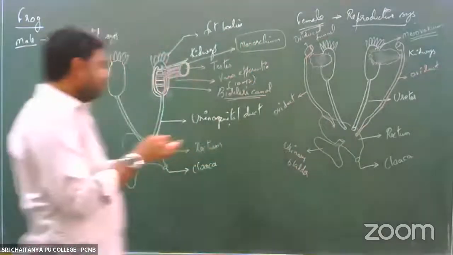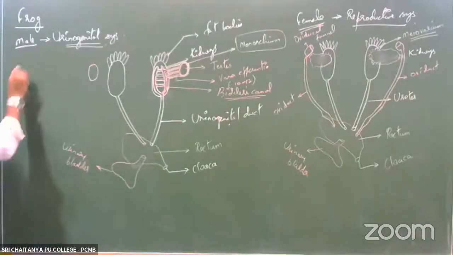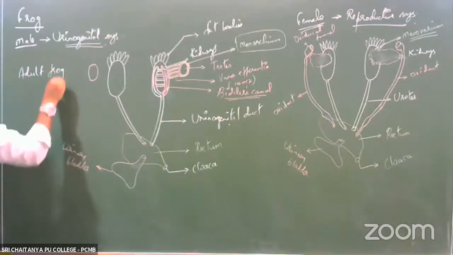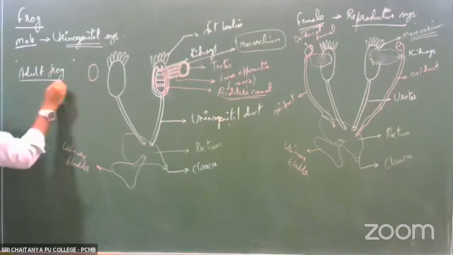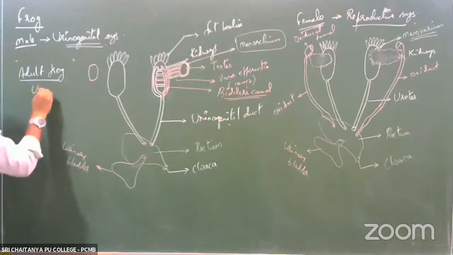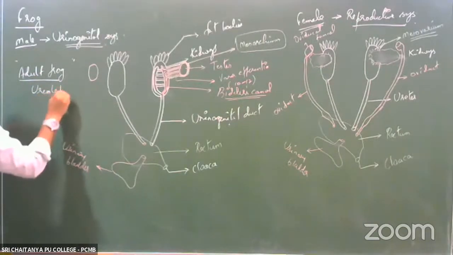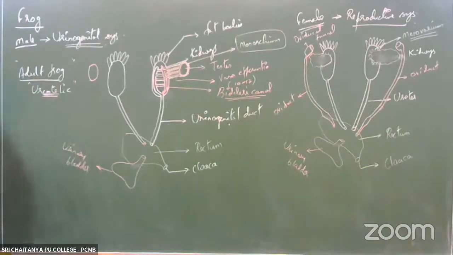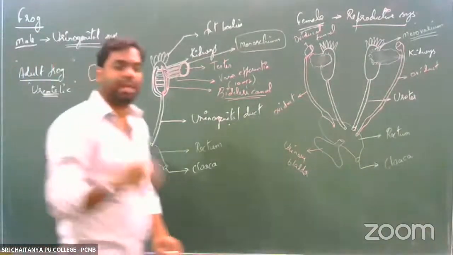The adult frog is said to be ureotelic. We are very much familiar with what we mean by ureotelic organisms, right? Ureotelic refers to organisms which excrete urea.